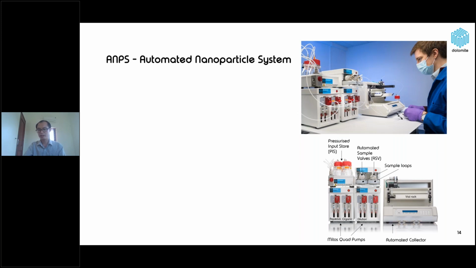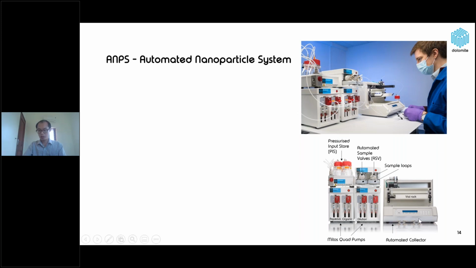The collector includes the ultimate collector with the wire rack for automatic sample collection.